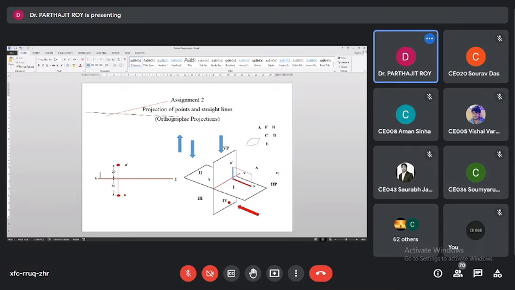Isn't it? Yes, sir. Similarly, for the third angle, the front view is below the XY line and the top view is above the XY line. Isn't it? Yes, sir. Is there any chance of overlapping of the top view and front view in the first angle and third angle?